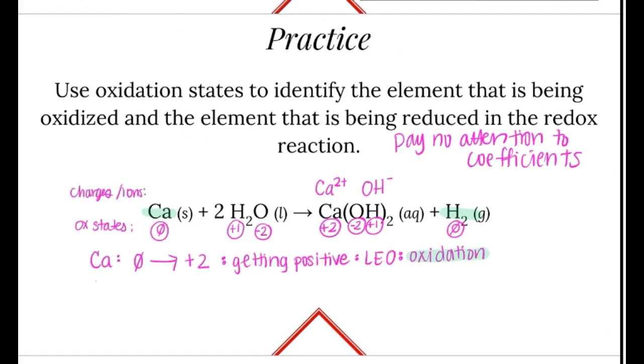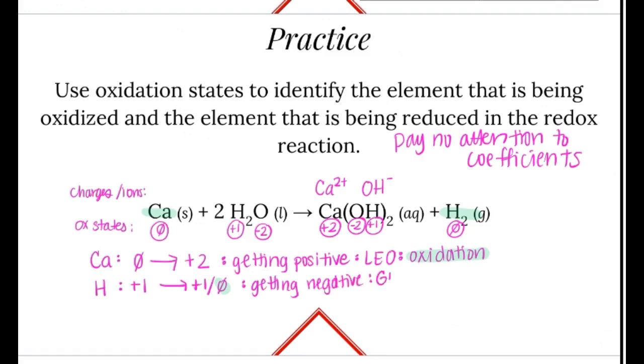Let's look at hydrogen. Hydrogen is going from +1, and then I see hydrogen in 2 places. I can see +1, or I can see 0. If you see one that's changing, let's focus on that one. So if hydrogen is going from +1 to 0, it's getting negative.